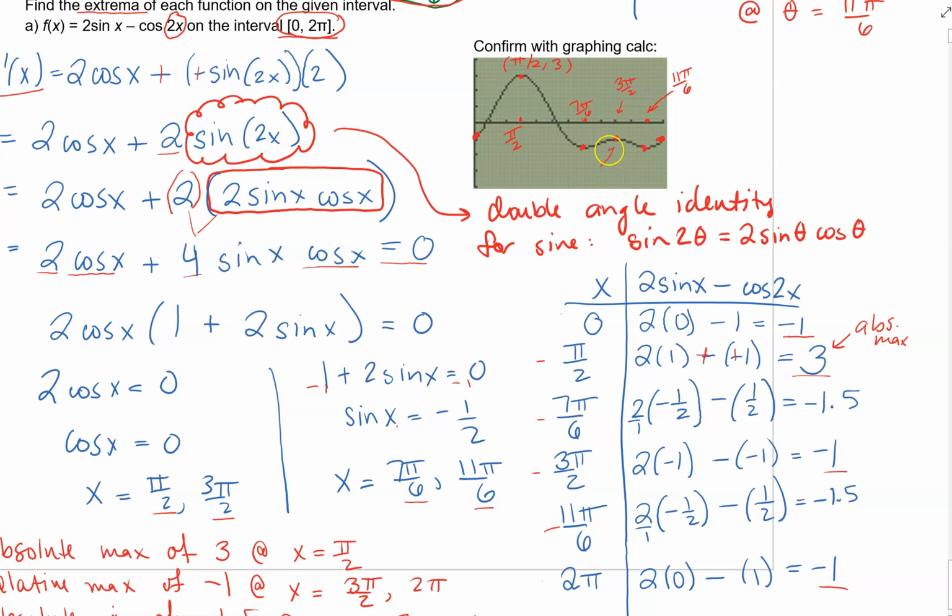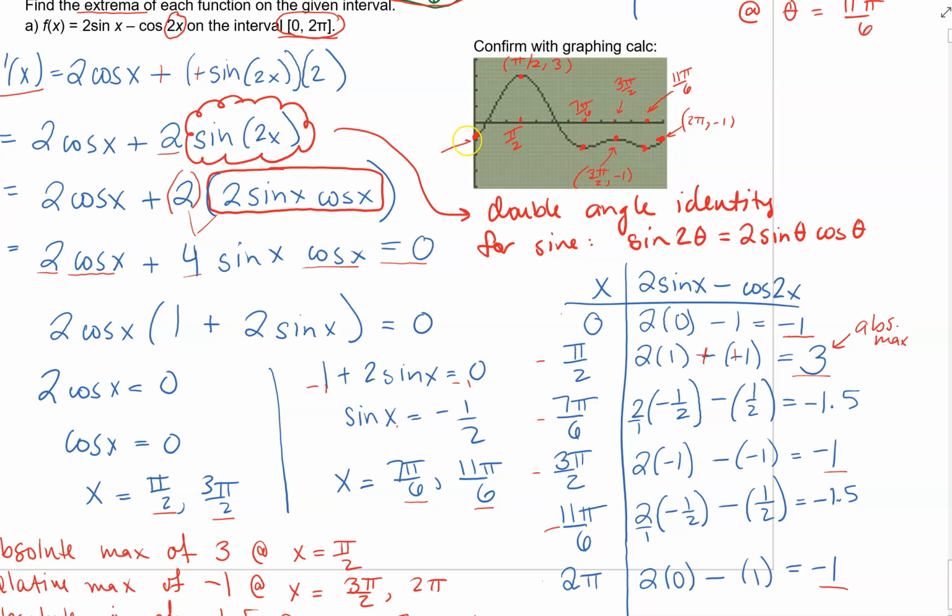This was 3 pi over 2 comma -1, and then that was my endpoint, 2 pi comma -1, which relatively speaking, were actually high points. If you ignore this whole part of the graph to the left here and we're just looking at this little neighborhood, these are technically relative maximum values.